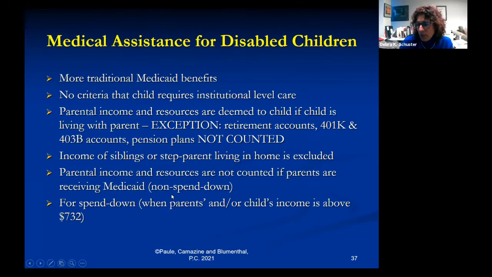For spend down, this is available when parents or the child's income is above $732. And what spend down is that if someone is receiving income that's above that level, they have to incur medical expenses and either submit receipts to Medicaid or pay a certain amount above that $732 to Medicaid in order to receive Medicaid benefits. That's what Medicaid spend down is.